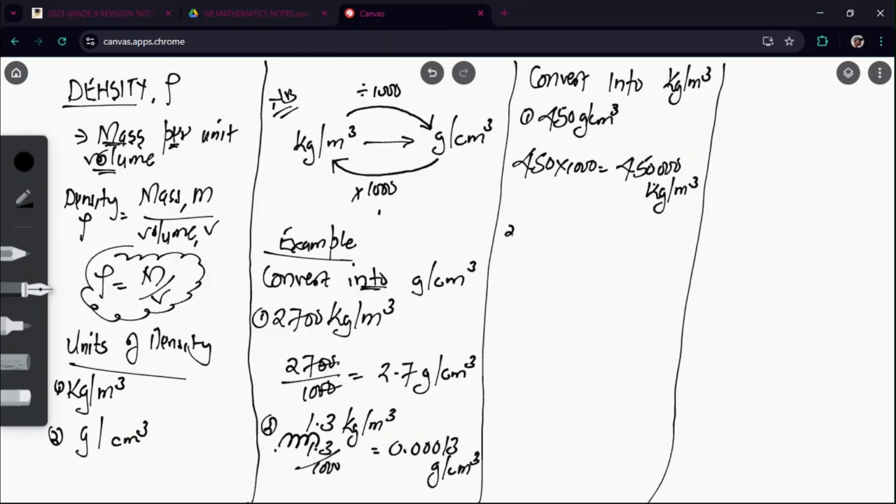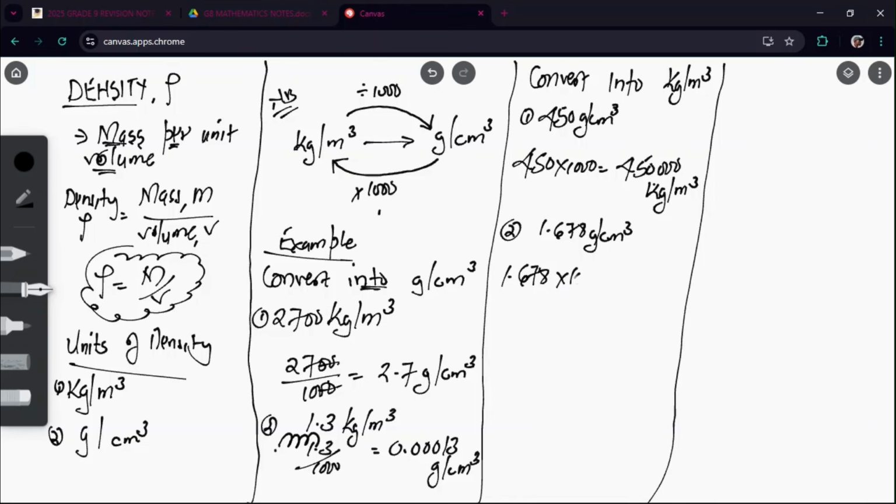And the same case, if you have a value like 1.678 grams per centimeters cubed, I will do the same thing. I'll pick 1.678. I'll multiply because you're moving from grams into kilograms.